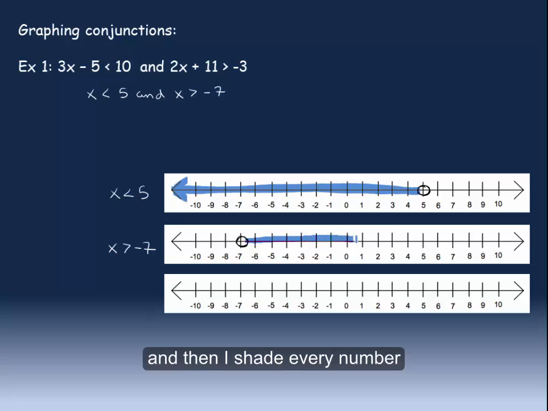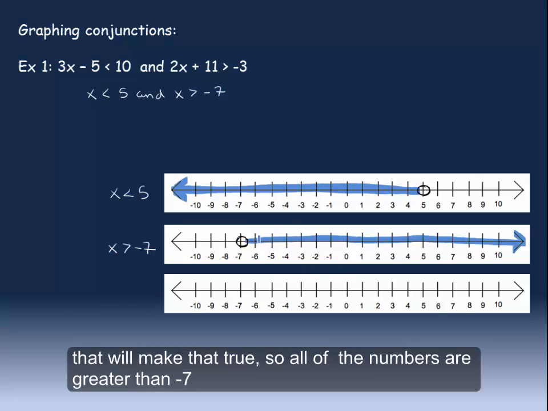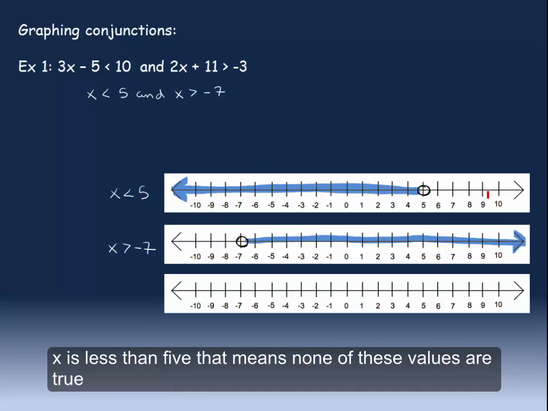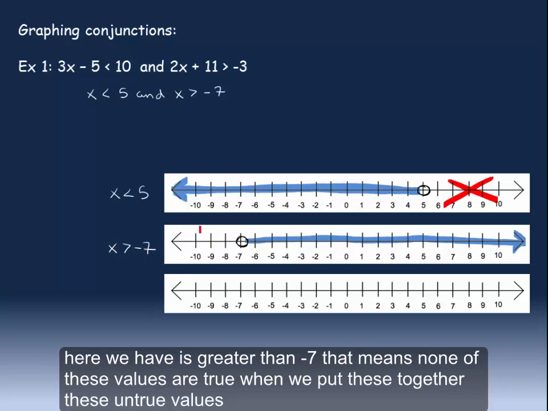And then I shade every number that'll make that true. So all of the numbers that are greater than -7. When we look at this, x is less than 5. That means none of these values are true. Here we have x is greater than -7.